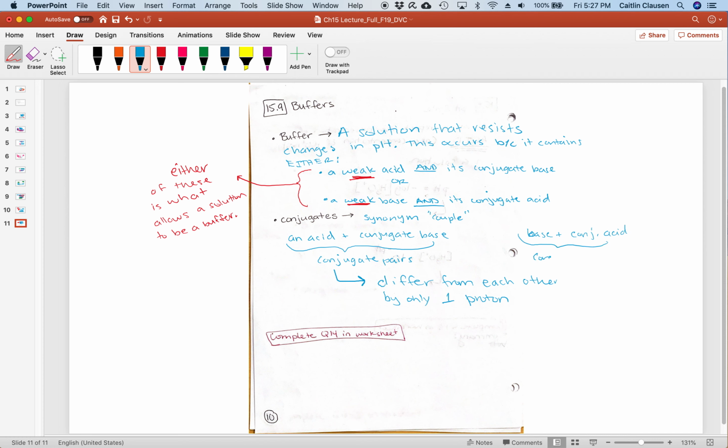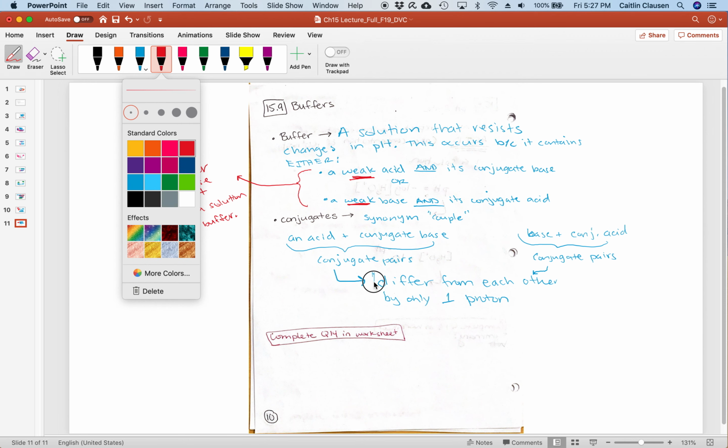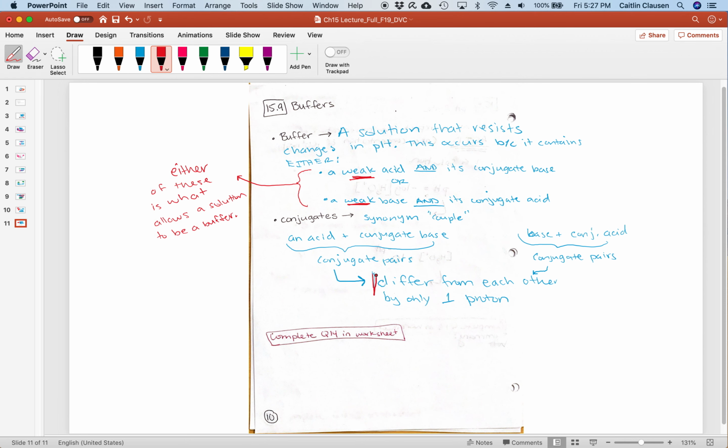This is also considered a conjugate pair. But the key thing here is that they differ by only one proton. So try completing question 14 in the worksheet. I'll give you one example.